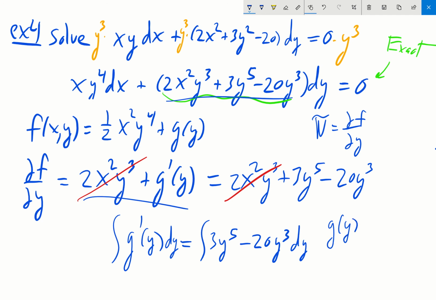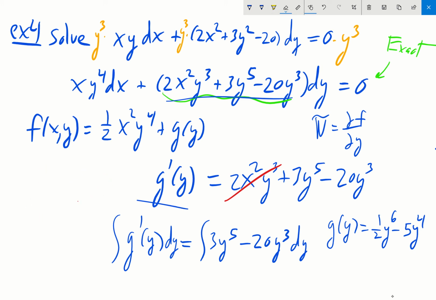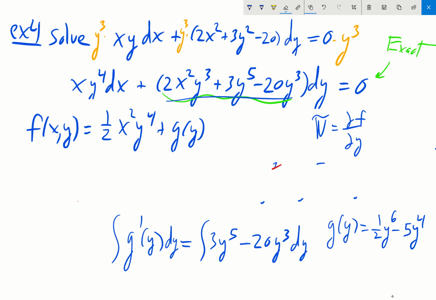And we get that g of y is equal to, add 1 to the power, divide by the new power, 1/2 y to the sixth minus 5y to the fourth. And I'm going to save the constant of integration, the plus C, for the other side of the equation.